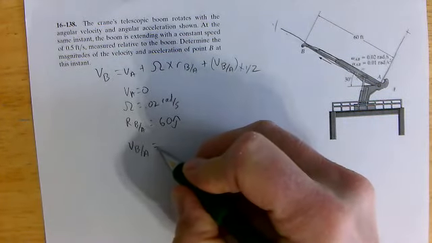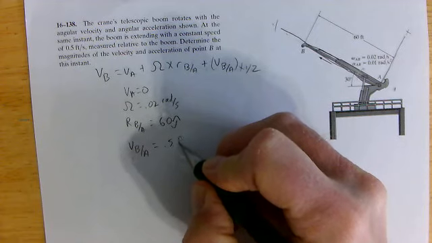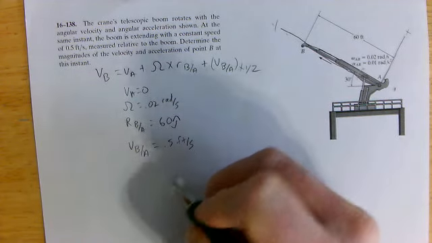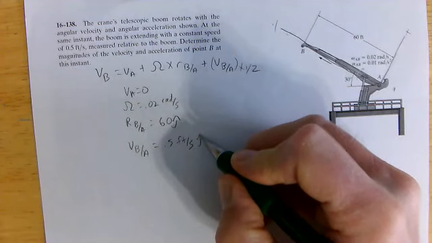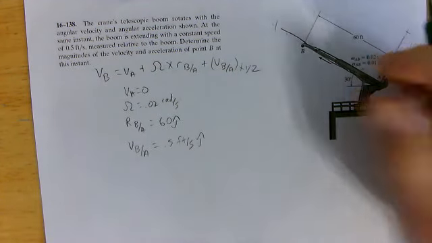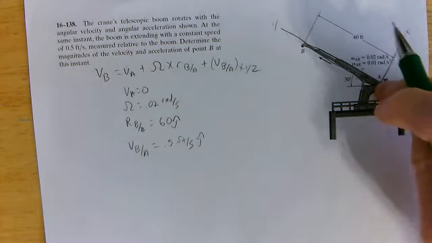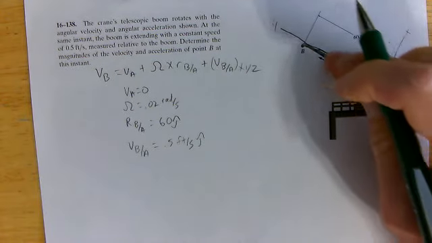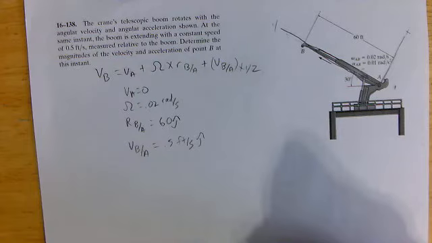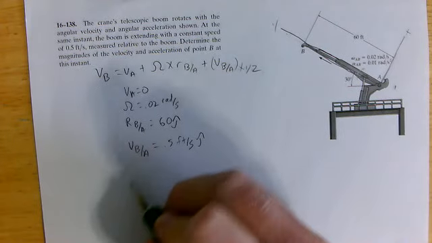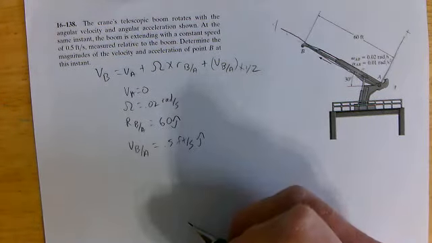So it's 0.5 feet per second, and that is also going to be straight out in the J direction because it's rotating with him. But he's not sensing the rotation. He's just seeing the boom move out. Okay, because he's standing right there. So then that's it. So we can solve this equation.